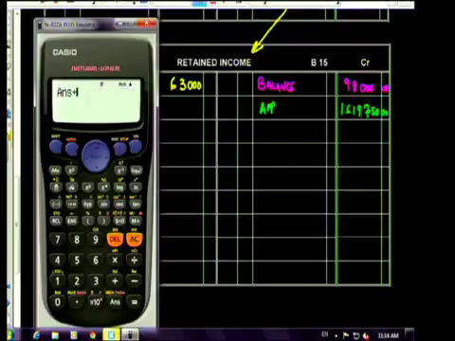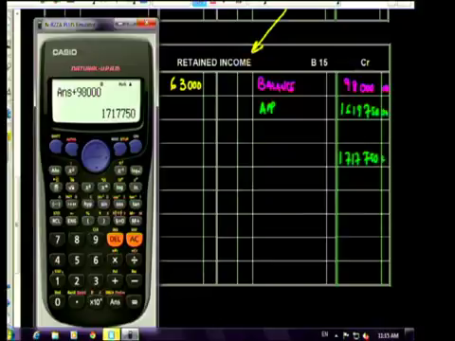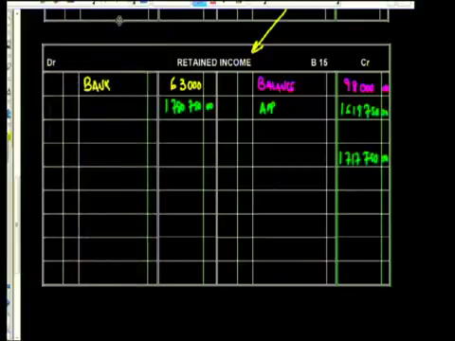Okay? Now, I say that plus 98,000, which was my opening balance, is equal to 1,717,750 minus 63,000 to give me a figure of 1,780,750, and notice that that is now my new balance that I'm going to be using.